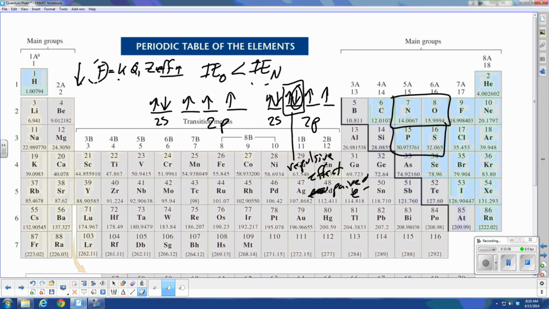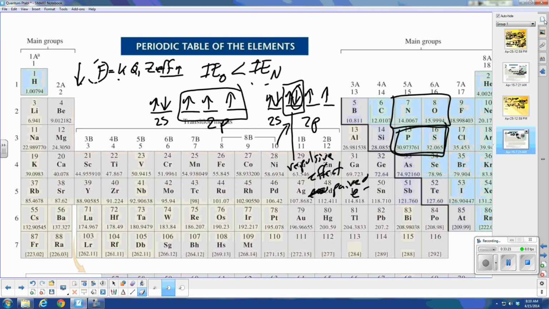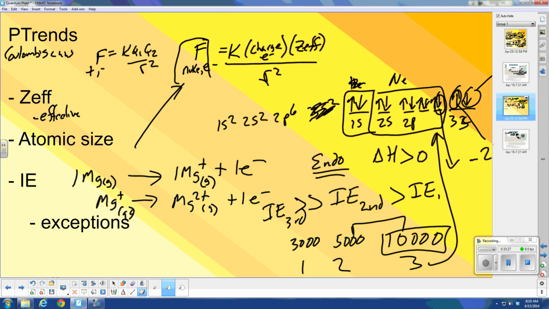So it is easier to remove this electron from oxygen because it is paired with another in the 2p orbital, whereas all the electrons in the nitrogen are singlets. All right, and that same thing holds true with phosphorus and sulfur. Good. We are almost done. I want this to be quick, so let's finish it off. I think we've covered our exceptions.